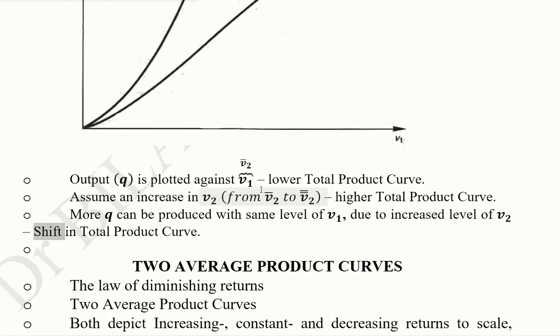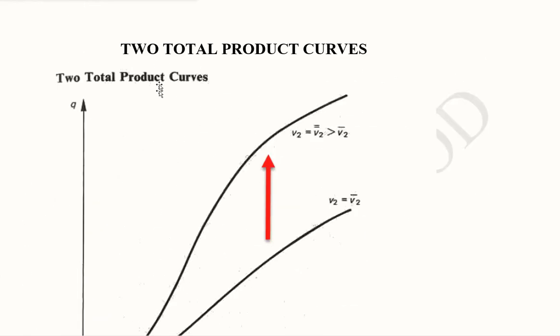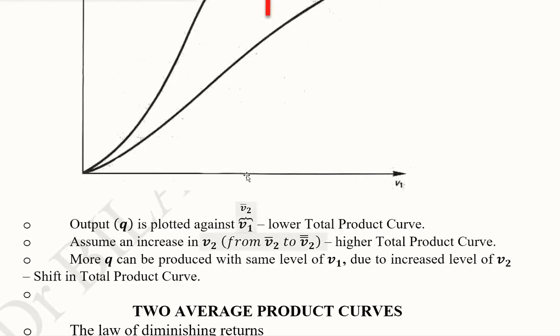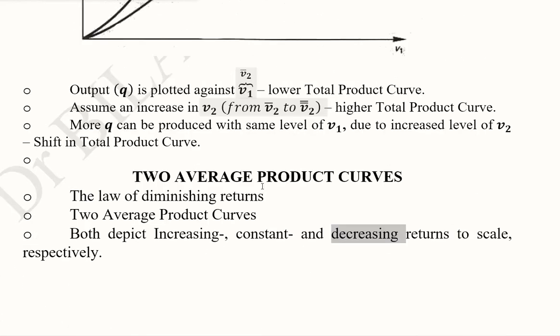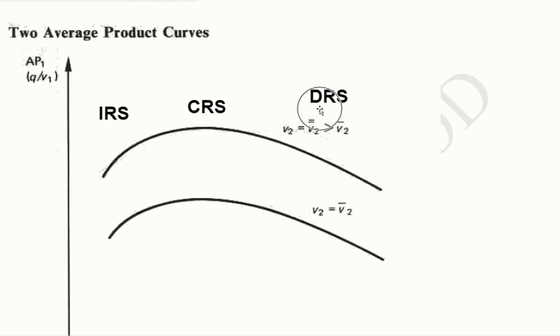We have seen that. Now we translate this total product curve into the average product curve, and definitely there will be two, just like we had two total product curves here. The law of diminishing returns should hold here again, and average product curves will be made. There will be two, but both depict the increasing, constant, and decreasing returns to scale respectively, just like we saw before. And here we can see that IRS, CRS, and DRS, all three are happening, and this is quite adjacent to what we saw before, the average product curve.